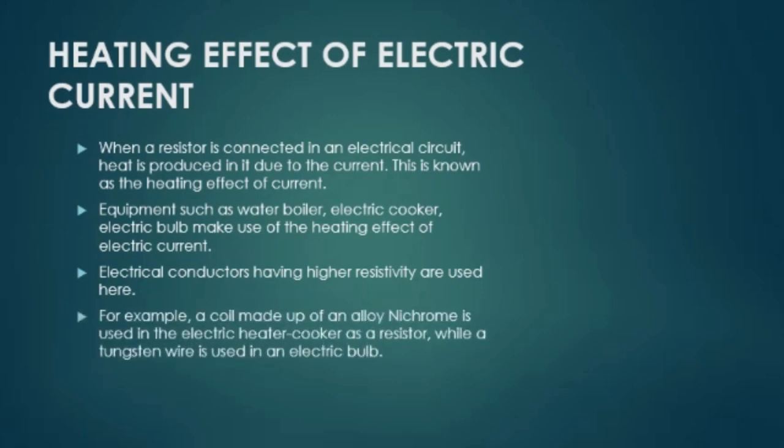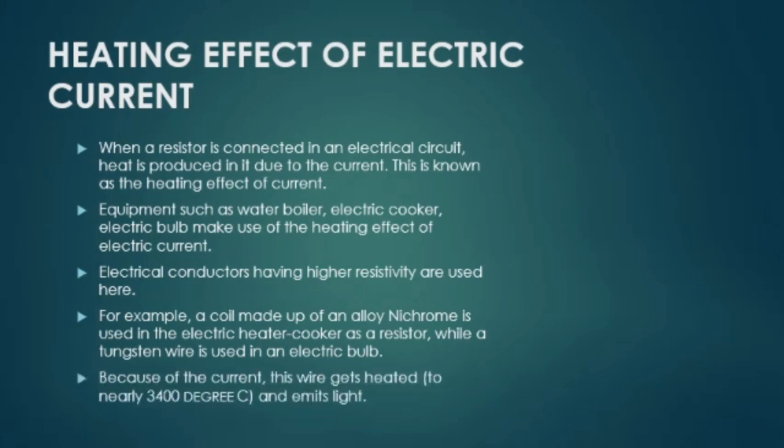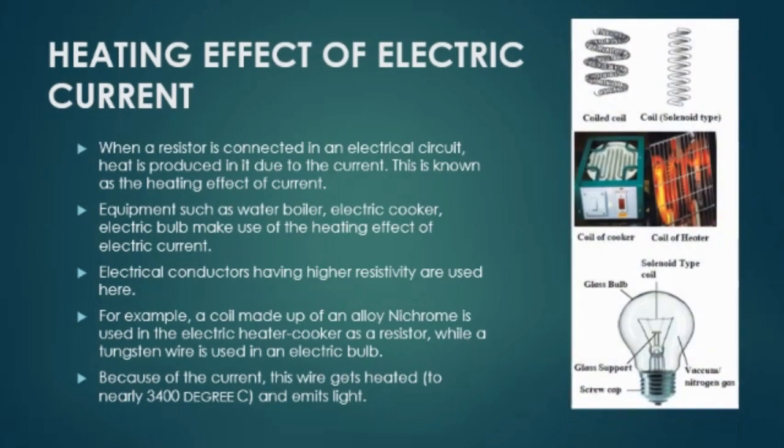For example, a coil made up of the alloy nichrome is used in an electric heater or cooker as a resistor, while a tungsten wire is used in an electric bulb. I will show you the picture also. See, this coil of the cooker is made up of what?